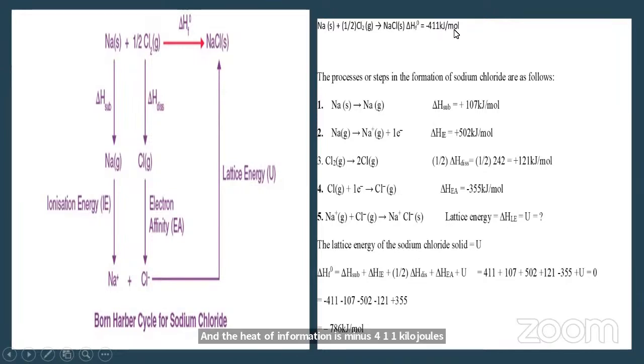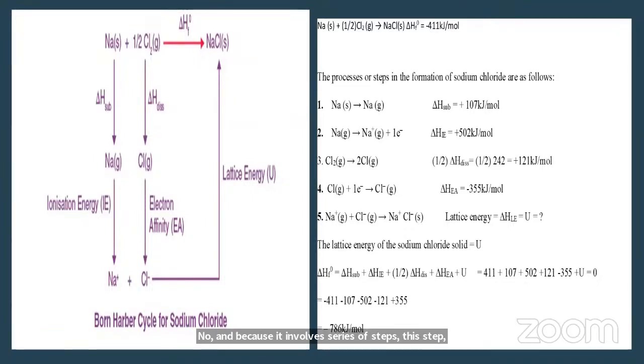Now, the formation of solid sodium chloride from sodium metal and gaseous chlorine is not a one-step process like it is assumed here in this heat of formation. It is not a one-step process. It involves different steps, or what we refer to as a series of steps. And because it involves a series of steps, each step will have its own heat change.